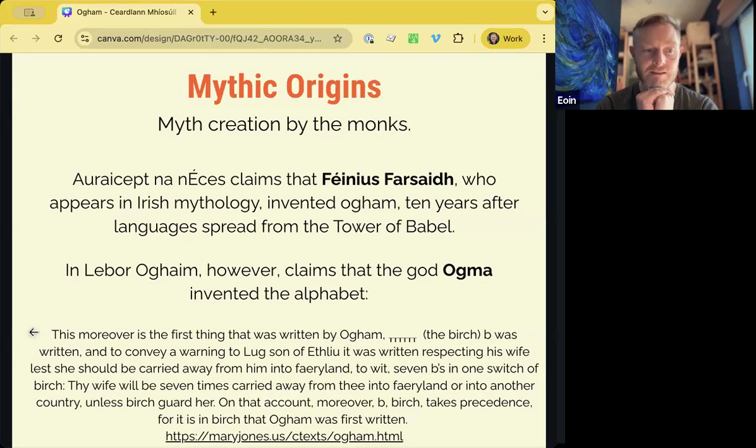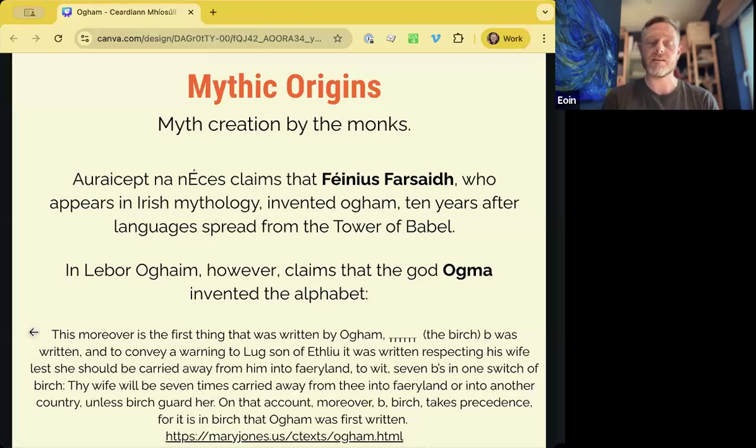It was written respecting his wife, lest she should be carried away from him into fairyland. To wit, 7 beithe or birches in one switch of birch. Thy wife will be 7 times carried away from thee into fairyland or into another country, unless birch guard her. On that account, moreover, beith, birch, takes precedence, for it is in birch that Ogham was first written.